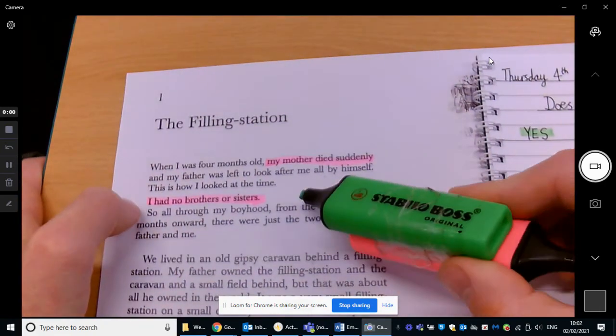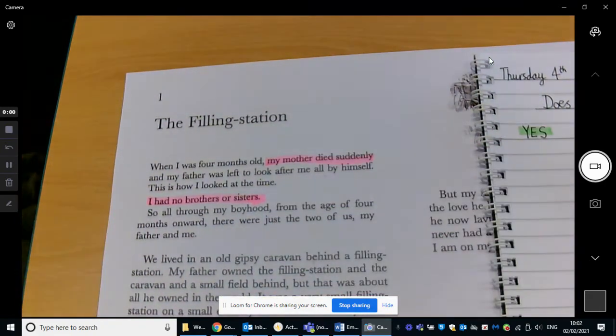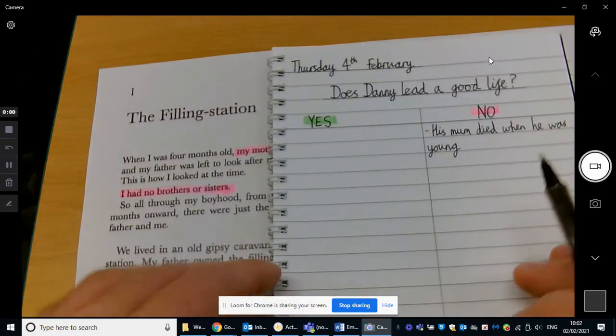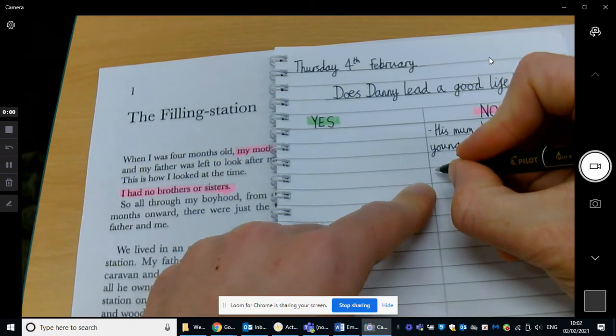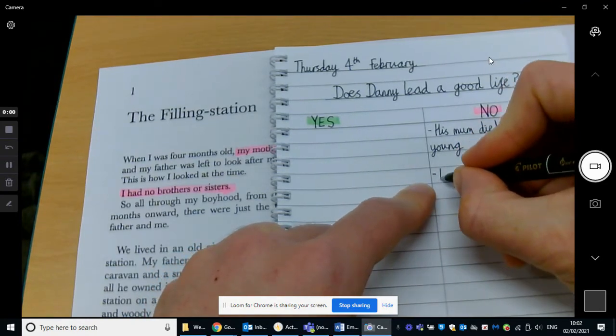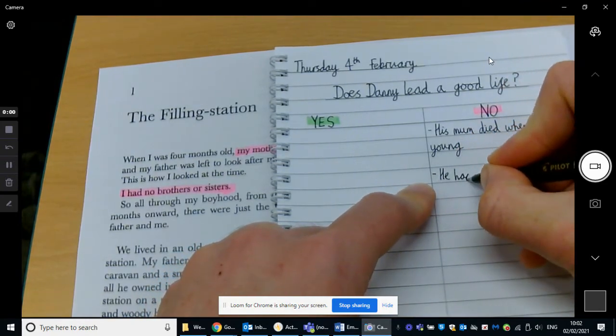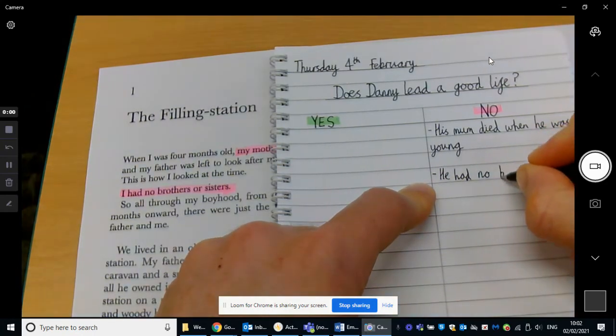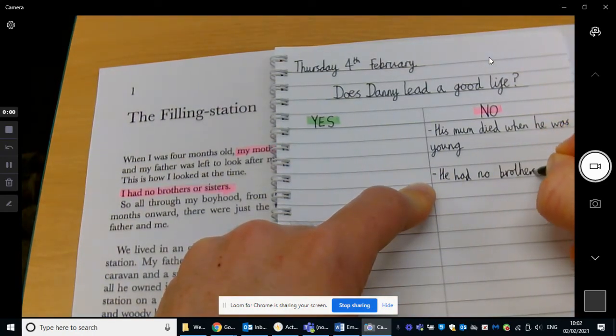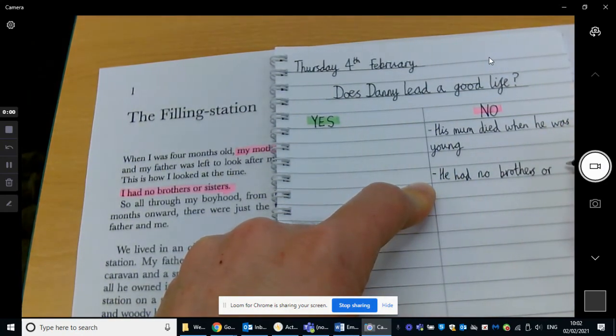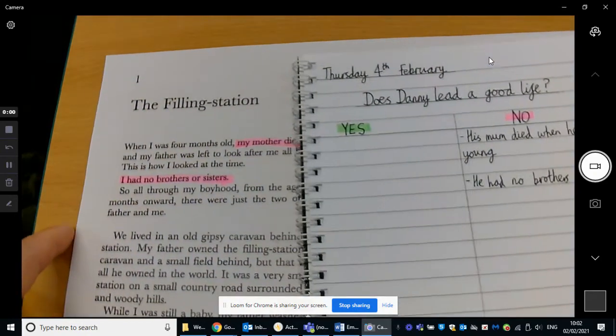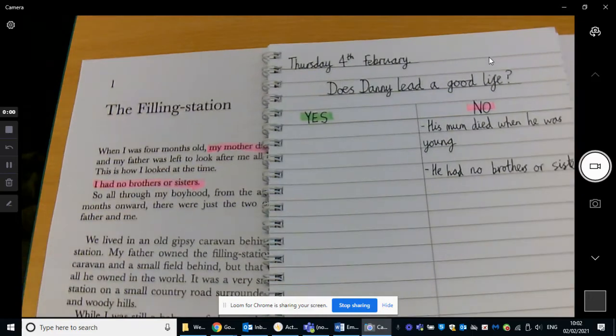It just means that maybe if his mother's not in the picture, not having any brothers and sisters, it might be a bit lonely. So I'm going to put under no again: he had no brothers or sisters. So far 2 reasons for no.